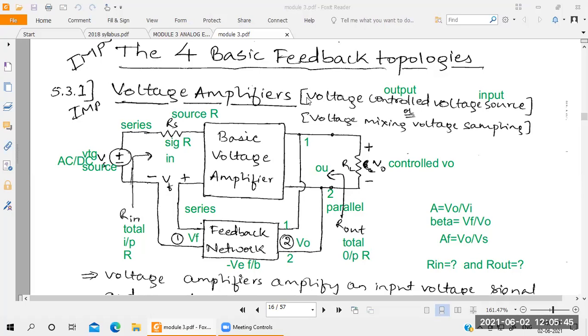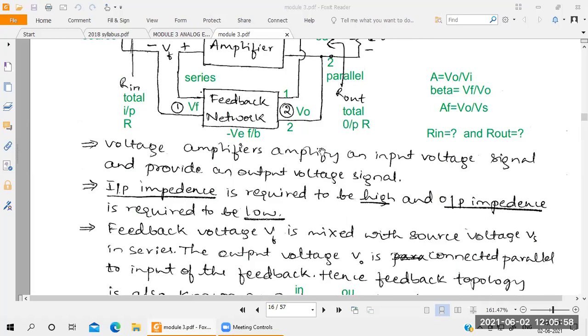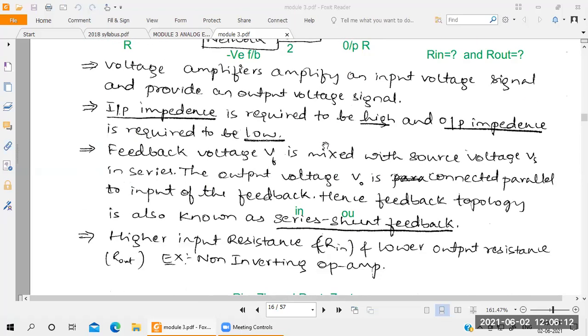So for that you take the total input impedance and output impedance for the amplifier here. Understood? Next, for making the total input impedance and output impedance, we want to find the analysis here. Based on that, we can make some arrangement.